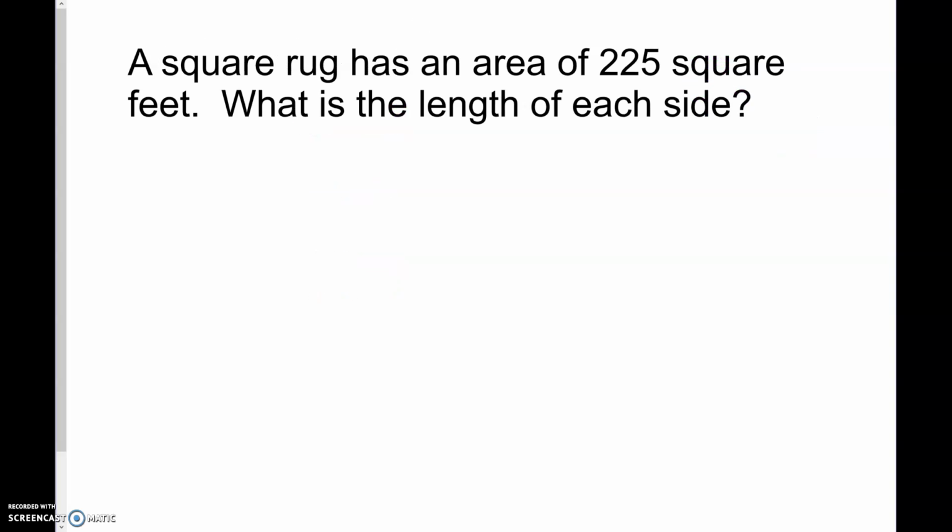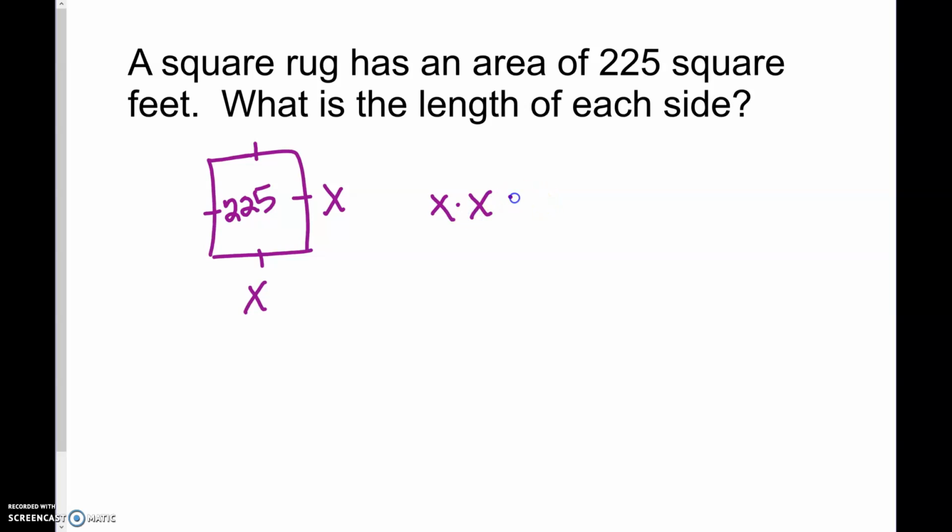All right, a square rug has an area of 225 square feet. What is the length of each side? Okay, so stop the video, give it a try. All right, we have a square, which means each side is the same. So when I take this side times this side, I get the total area, which is 225. So x times x equals 225.